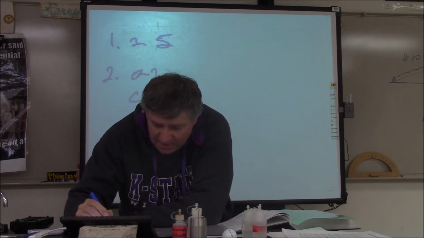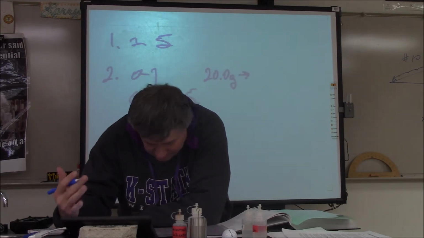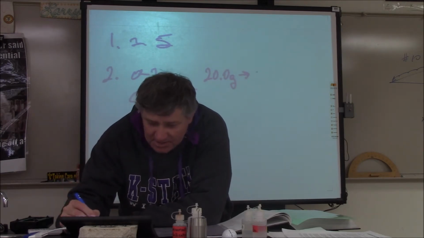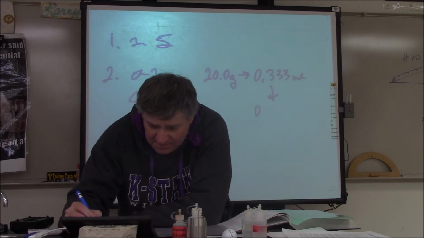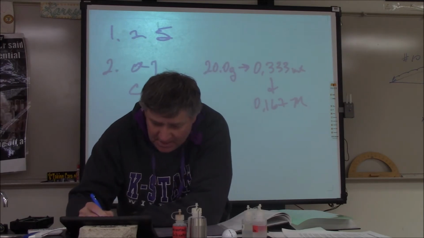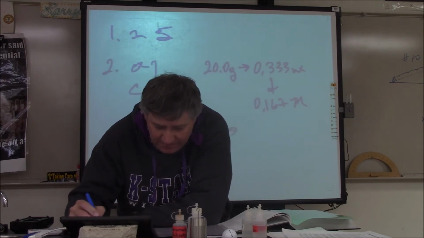So you've got 20 grams of acetic acid. You've got to change that into moles, because if this is wrong, everything else is going to be wrong. So when you change that into moles, that's 0.333 moles of acetic acid. And then you divide that by the 2 liters, that's 0.167 in terms of that molarity, okay? And then on your sodium acetate, you got 20 grams of that.